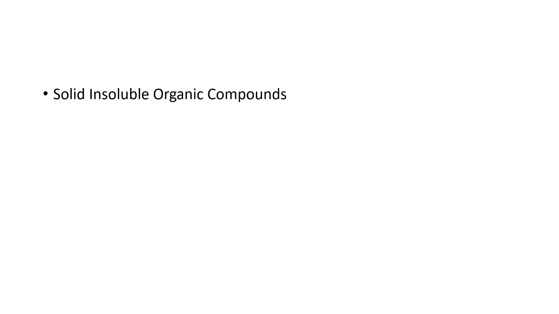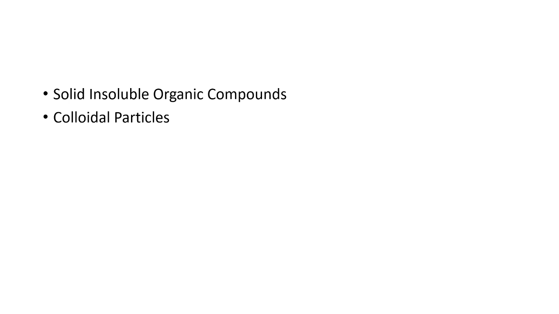Sometimes there are oil spills, you must have heard, when the oil carrying ships burst in the sea, the oil gets sprayed over the surface of water, and that forms an organic layer over the water and causes harm to the aquatic animals. So that is a kind of solid insoluble organic compound interaction with water.